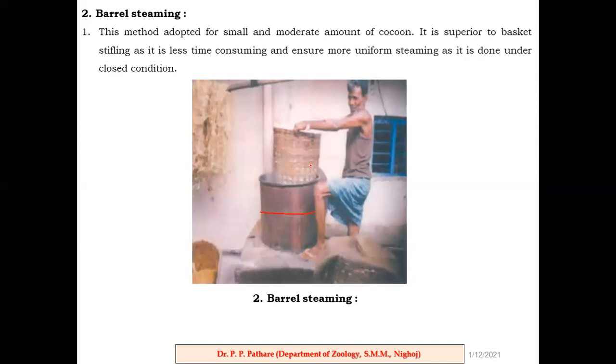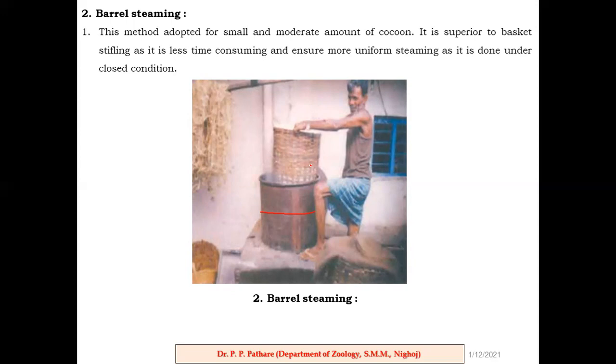And this is one of the most important disadvantages: this method again requires some time for drying the cocoon, inside the sun drying method. So actually it is a double-work method.